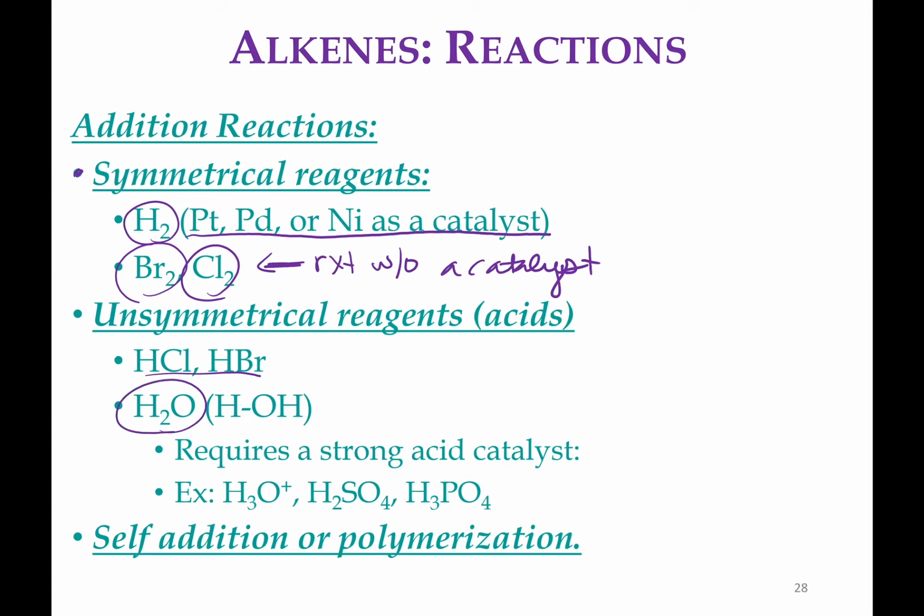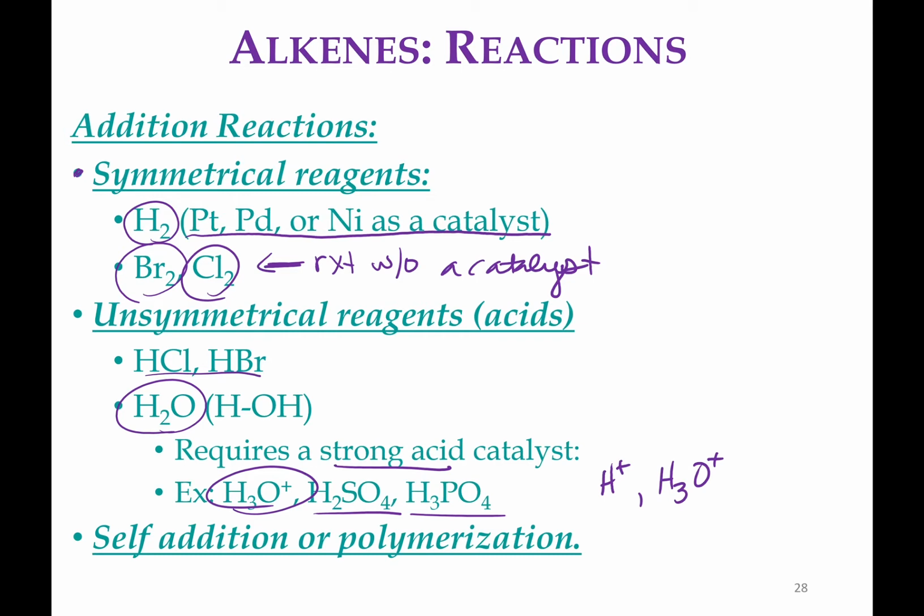It'll require a strong acid like sulfuric acid or phosphoric acid. Well, phosphoric is kind of on the higher side, but not necessarily one of the 7 strong acids you might have memorized. But we can also put H plus above the arrow to denote that, or H3O plus, which is acidic water, just showing that we need an acid there.